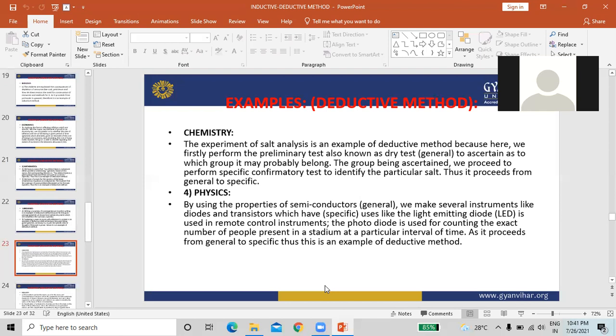The light emitting diode is used in remote control instruments. The photodiode is used for counting the exact number of people present in the stadium at a particular interval of time. It proceeds from general to specific. Thus, this is an example of deductive method.